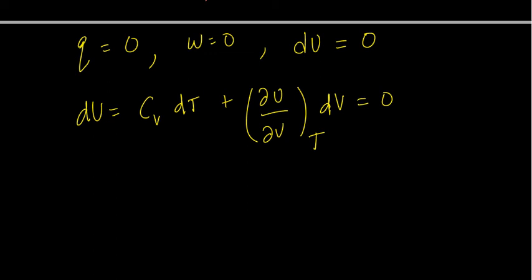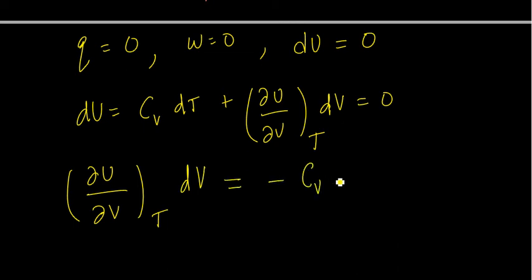If such is the case, then all I want is to evaluate (∂U/∂V) at constant temperature, right? (∂U/∂V) at constant temperature times dV is equal to minus CV times dT.